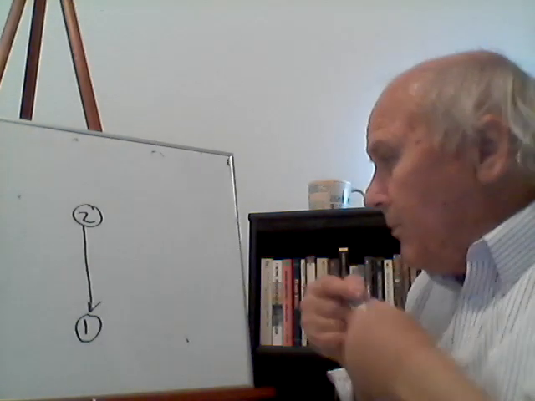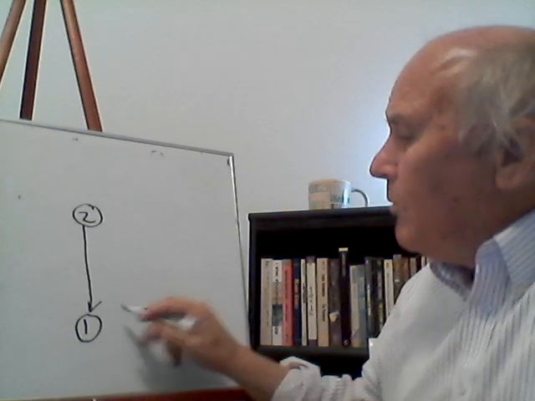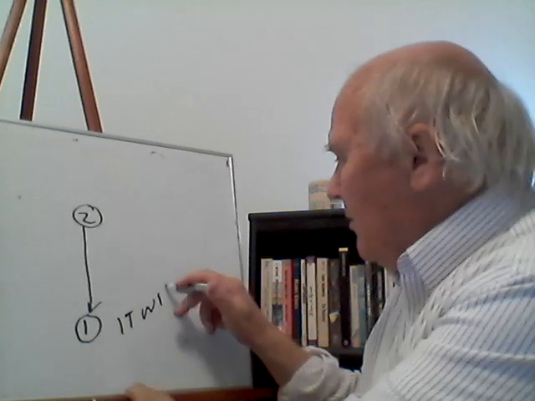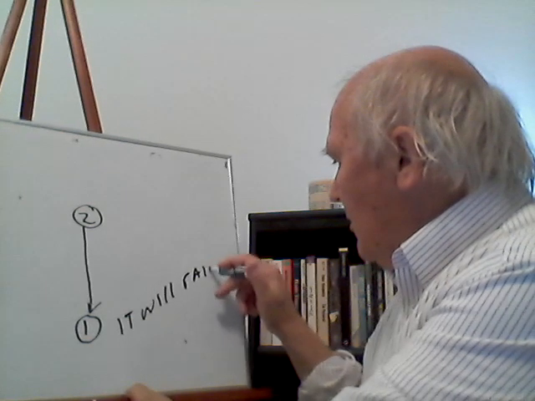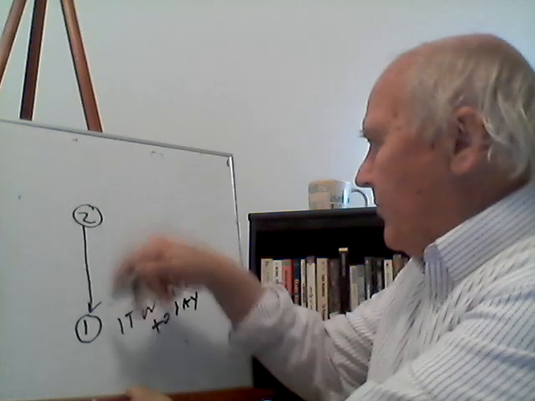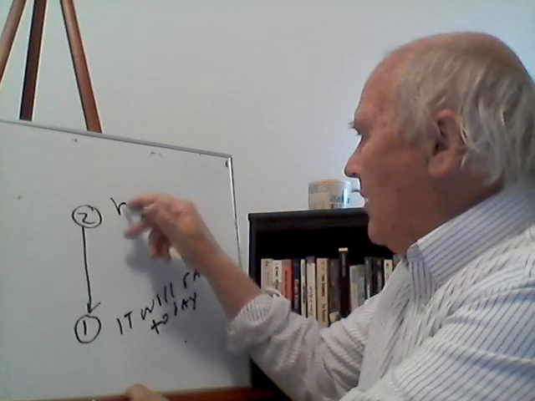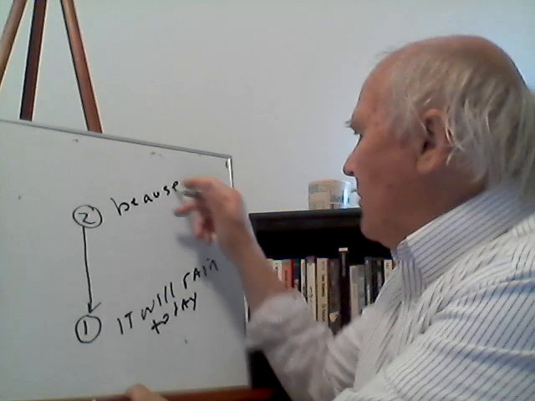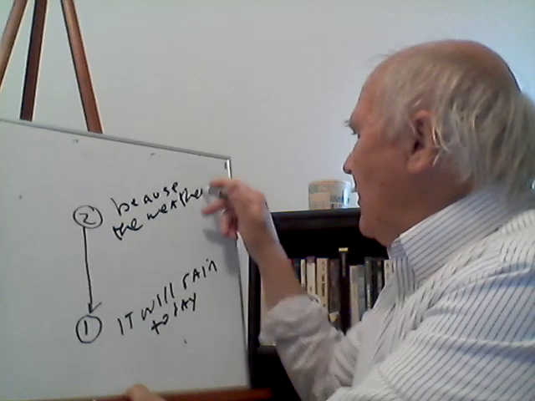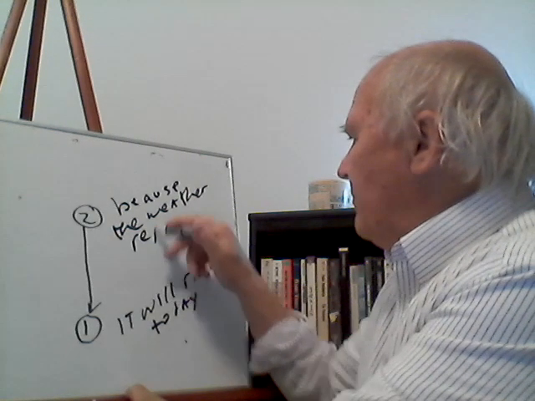So let's say statement 1 will mean it will rain today. And let's say statement 2, these stand for statements, because the weather report said so. Okay, that is an argument.